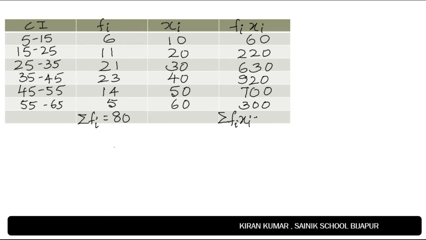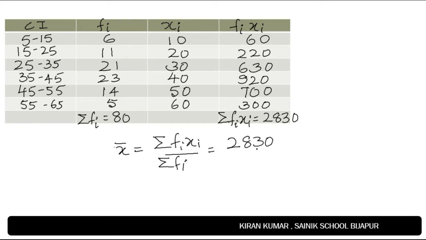Sigma Fi Xi, we get it as 2830. So the mean is found as sigma Fi Xi divided by sigma Fi, and this will be 2830 divided by 80. 0 will get cancelled and we get 35.7.